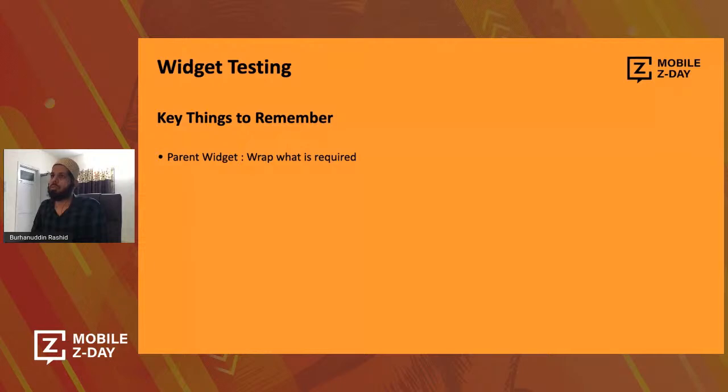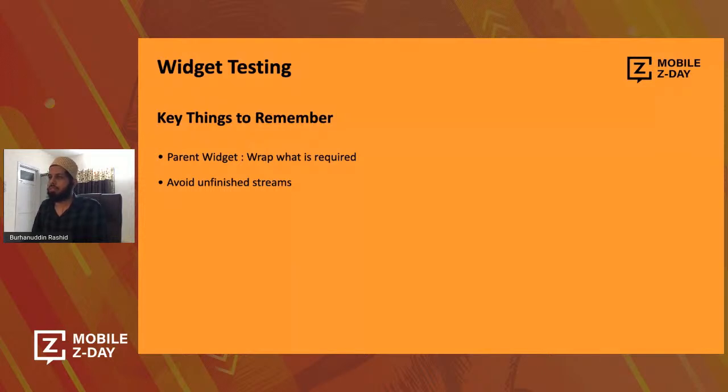So the key things to remember is in a parent widget, wrap what is required. That means if you have a widget which is 10 levels deep in your hierarchy, but it requires only 2 dependencies above that, then just wrap it in those 2 parent widgets. Don't try to wrap everything. And try to avoid unfinished streams so that the test can pass.